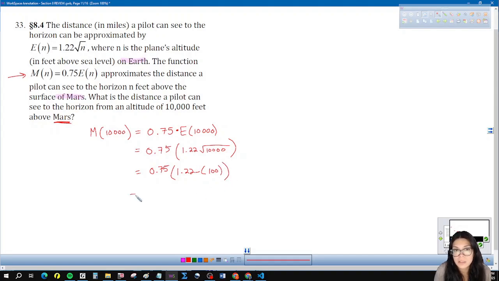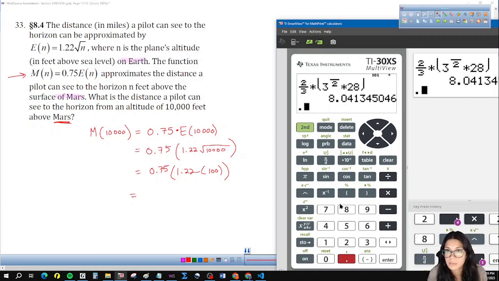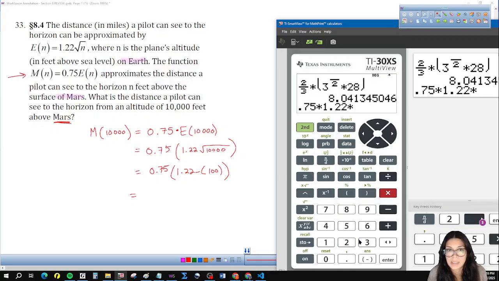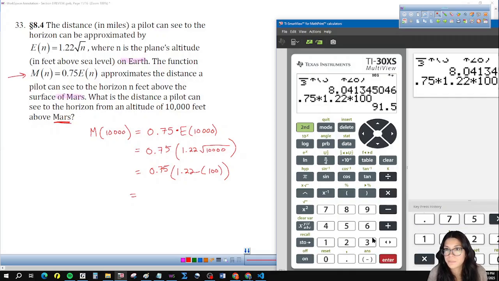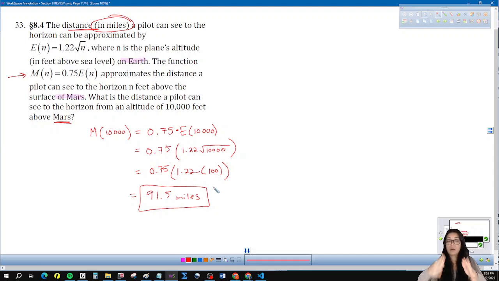And I could type it all into my calculator at once. 75 times 122 times 100. And we get 91.5. So it's 91.5 miles, since the distance is being measured in miles. That's how far a pilot can see the horizon being at an altitude of 10,000 feet.